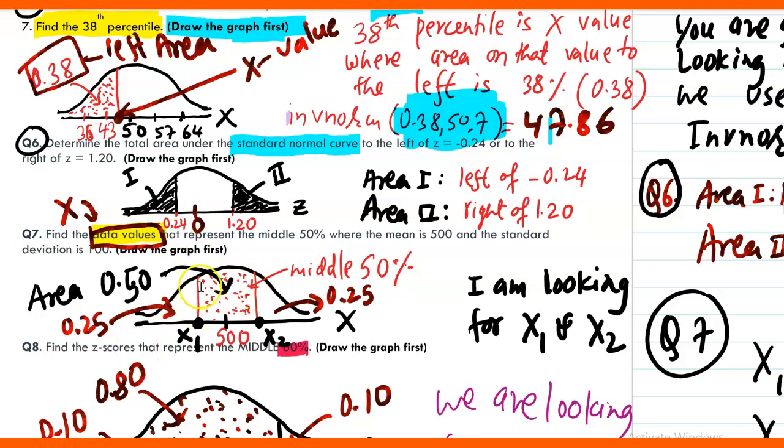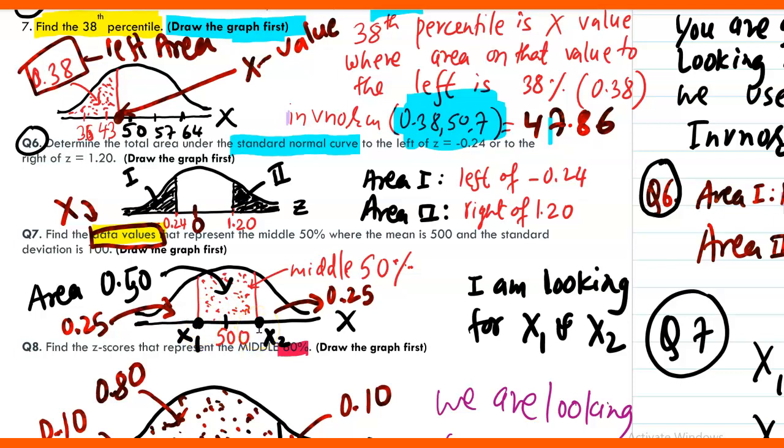Here I make a graph like this, and I put this middle area as 50%. This area represents 50%, which is separated by 2 x values. I put this as x1, this as x2. Between x1 and x2, 50% of the area is located. The question is, what are those x1 and x2 values?